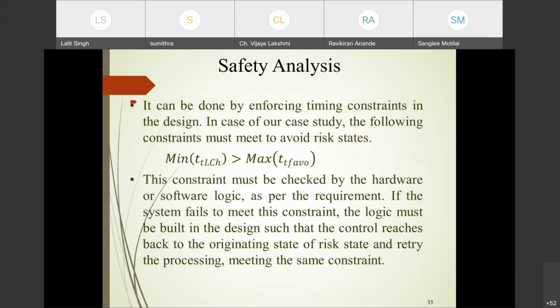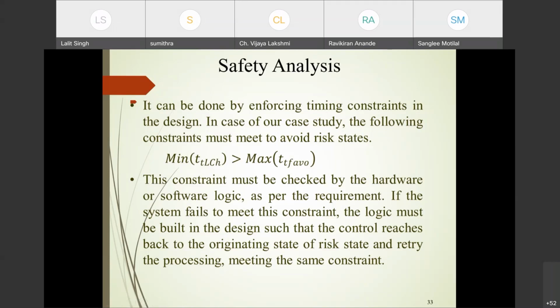This can be done by enforcing timing constraints into the design. In our study, the constraint is that the minimum of TTLCH is greater than the maximum of TFAVO. It means every time I'm ensuring that TFAVO will be fired whenever there is a race condition between these two transitions.